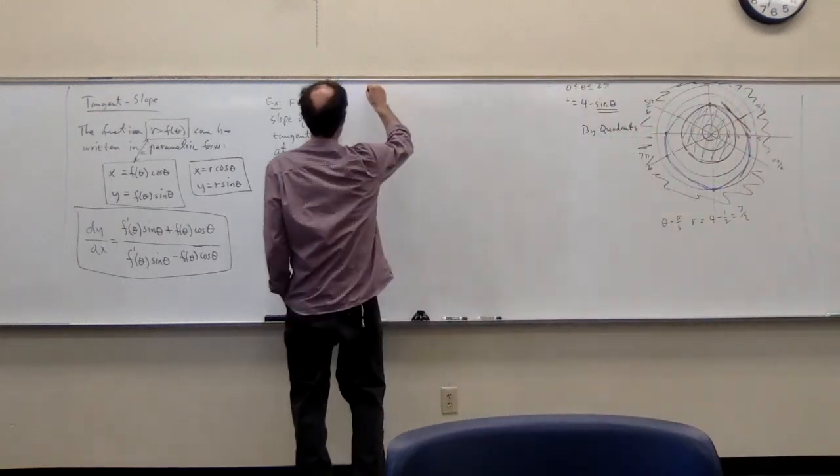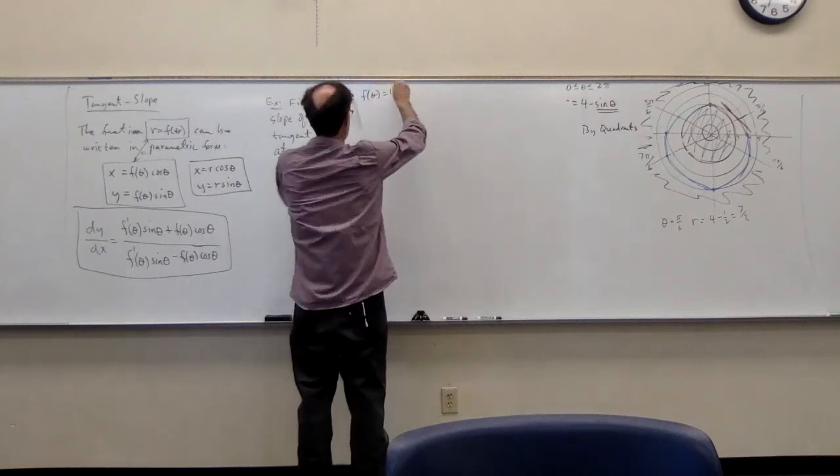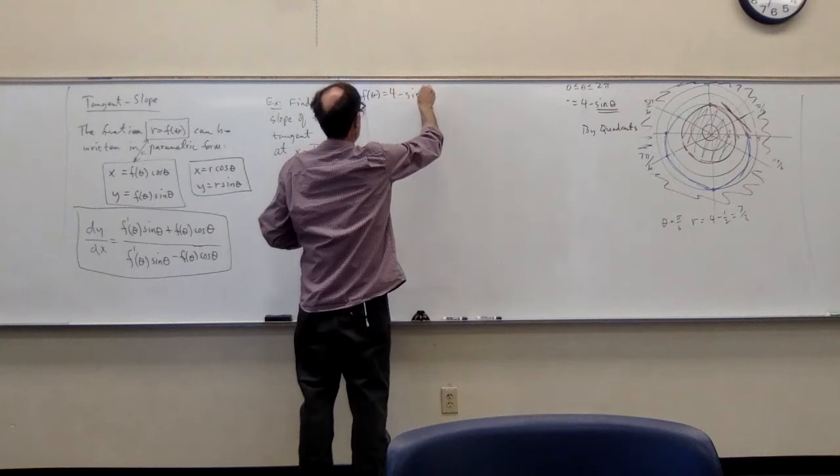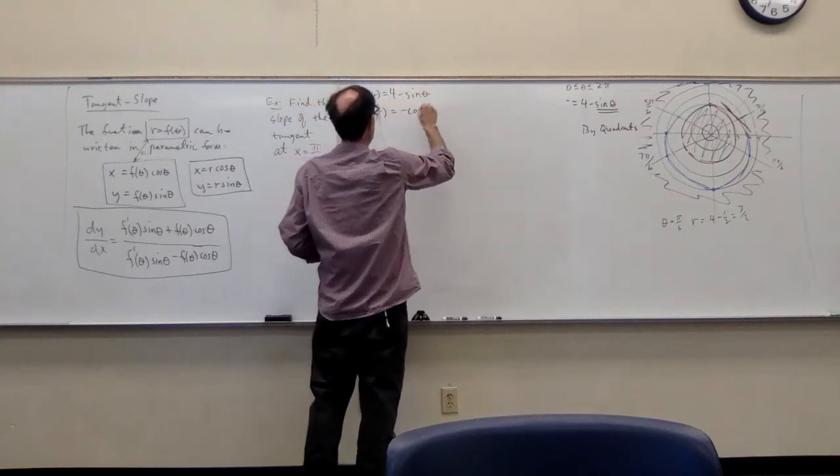All right, our function, and we need f prime. You can see in the formula, minus cosine.